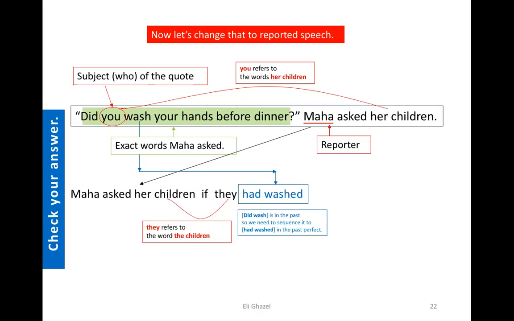We need to sequence it to had washed in the past perfect. There will be other lessons on this. They refers to the children. So if we're talking about Maha asking her children, so the children, if they had washed whose hands? Their hands, the children's hands, before dinner.